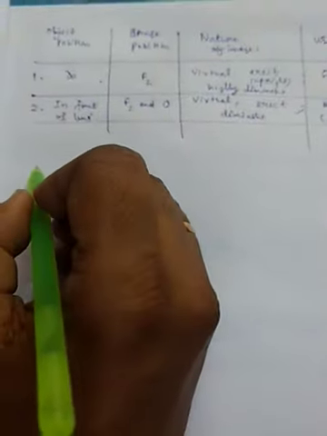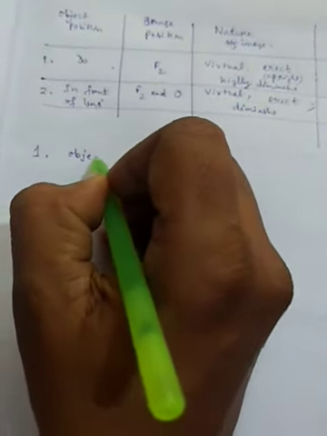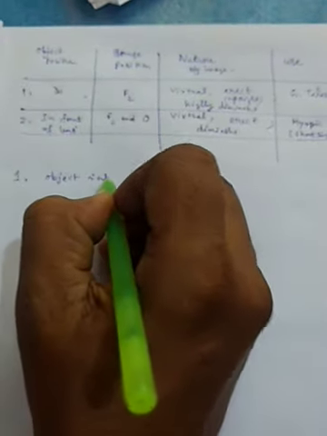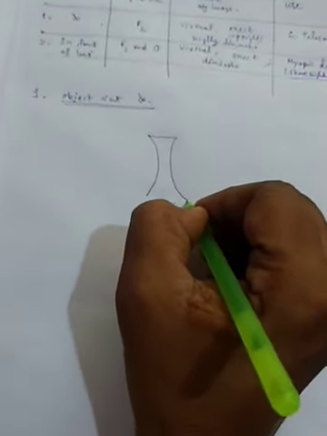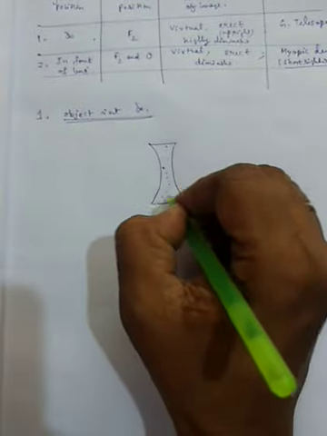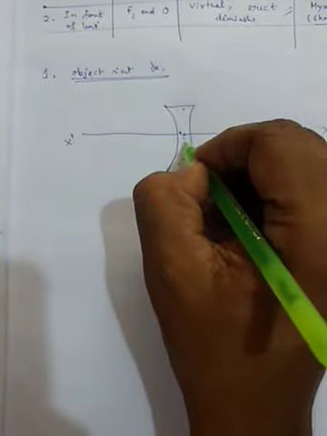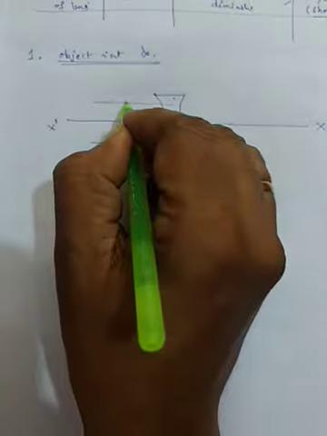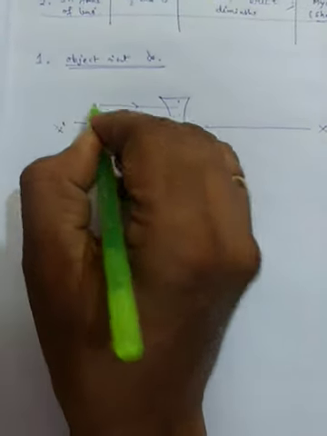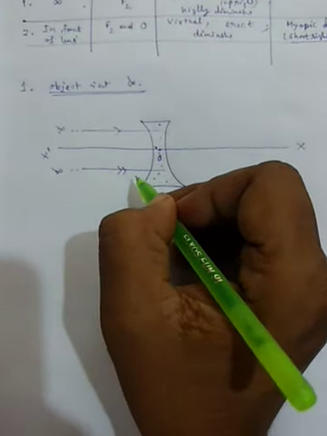Now we have to practice the ray diagrams. First, the object is at infinity. There are two possible diagrams. One is a very simple diagram. Draw a concave lens, then draw the principal axis X X dash and the optic center. The object is at infinity, so the incident rays are parallel to each other and parallel to the principal axis.